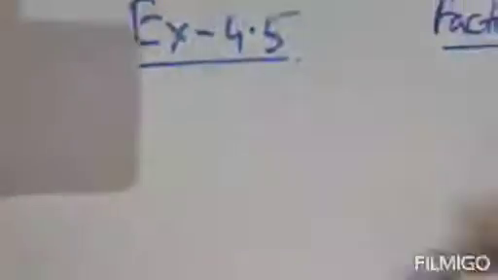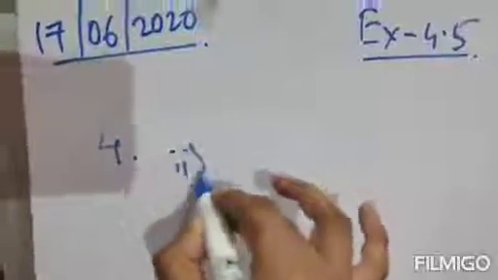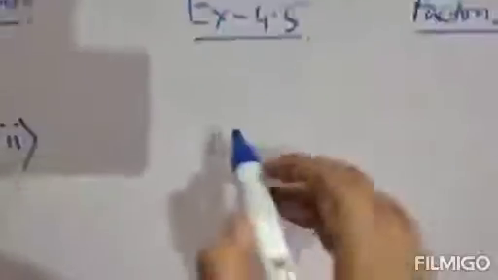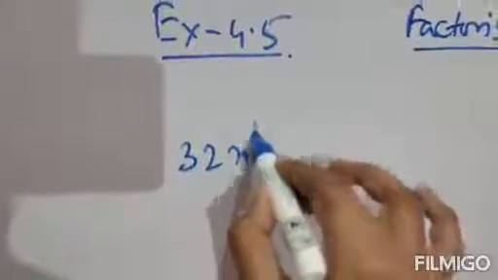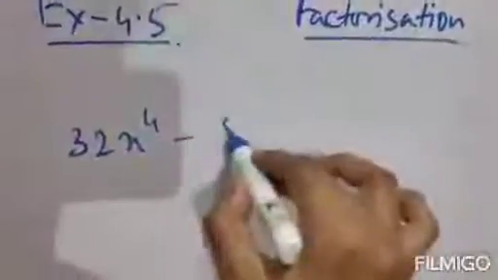Next, question number 4-2. The question is 32x to the power 4 minus 500x.